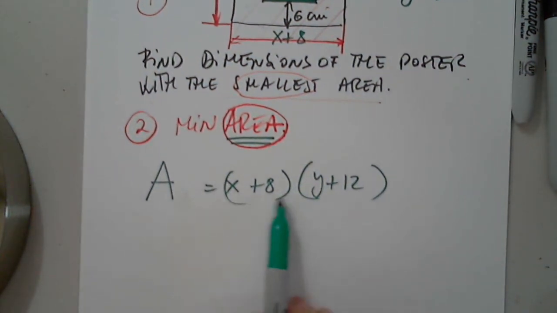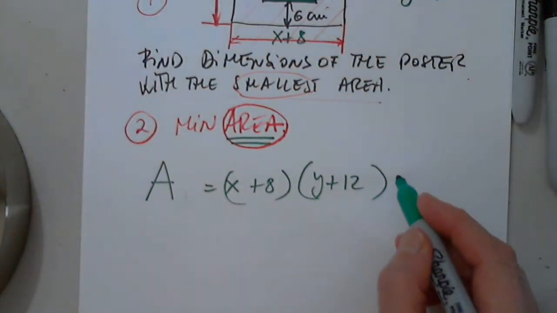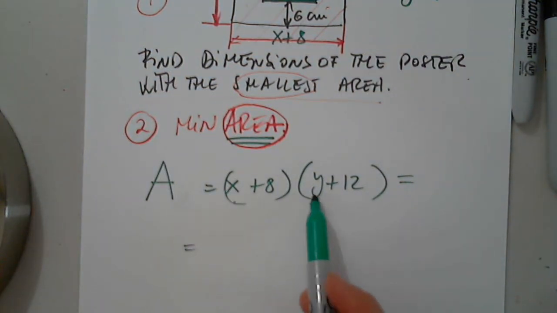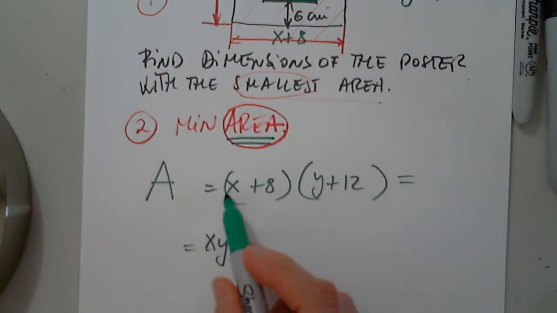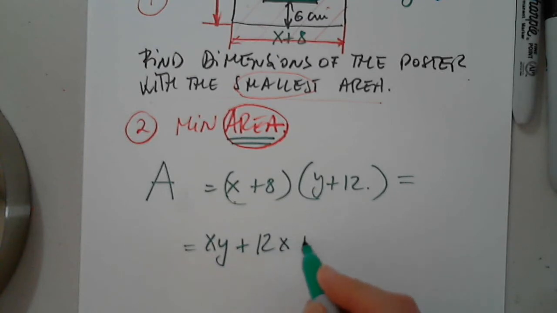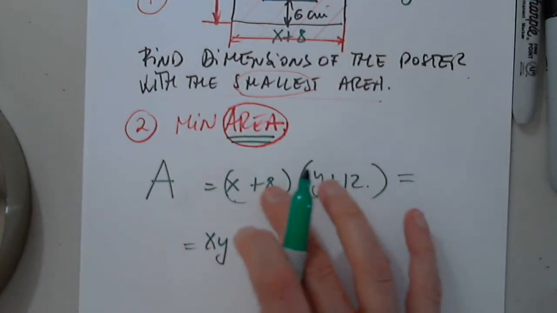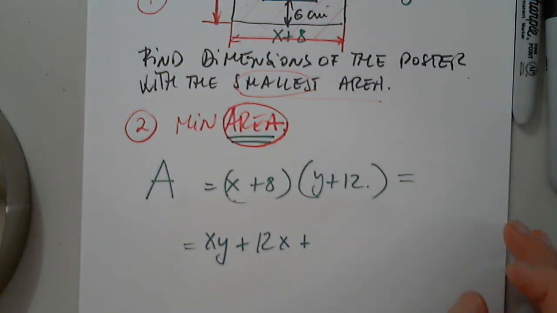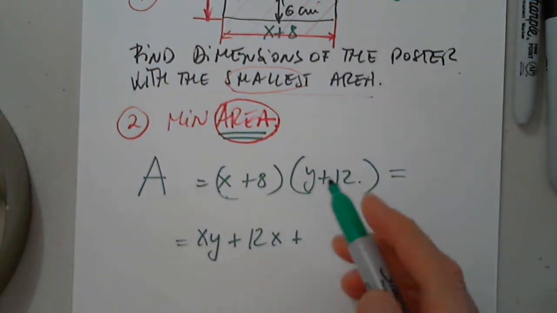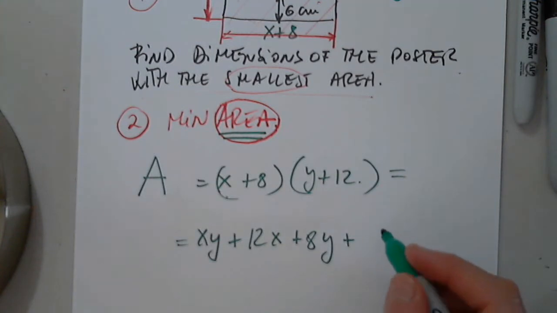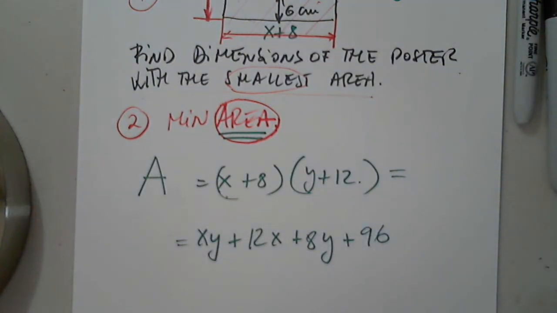Now I have 2 variables here. Something has to go, right? So X times Y plus 12X. Oh, by the way, is everyone in the clear with this? Thank you, Sean. Is this clear? Okay, plus 8Y plus 96.